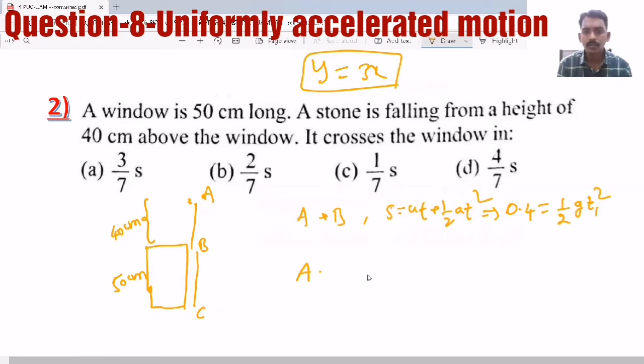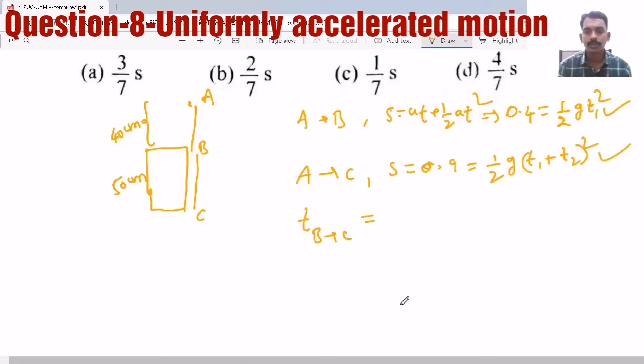Now you take from A to C, that is s equal to 40 plus 50, that is 90 centimeter, 0.9 meter equal to half g (t1 plus t2) whole square. From this equation we'll get t1, and from this equation we'll get t1 plus t2. Then the time from B to C, that is the time to cross the window, how much will it become?